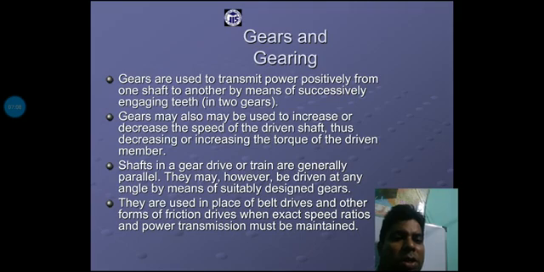Now, next point is shafts in a gear drive. Shafts in a gear drive or train are generally parallel. That means in spur gear, the driven shafts of the train are parallel, though they may be driven at any angle by means of suitably designed gears.